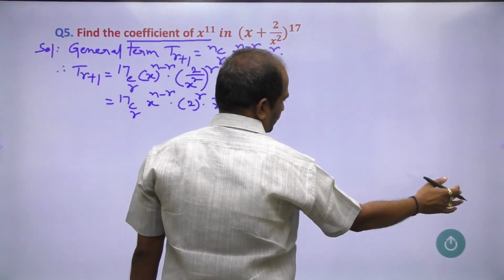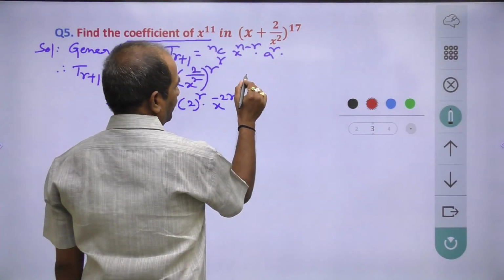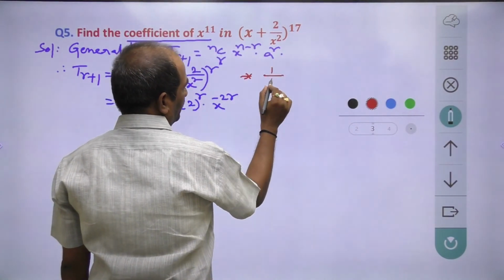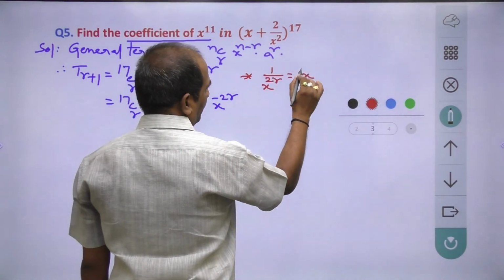See here one more time. In this formula, 1 by x power 2r is equal to x power minus 2r.